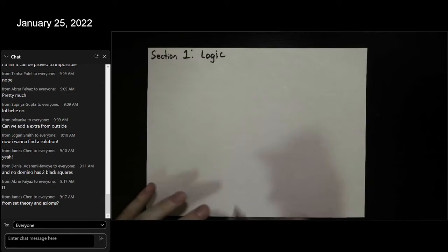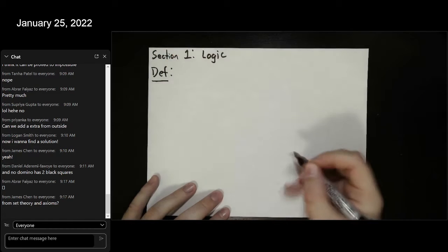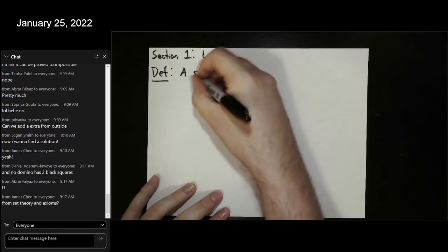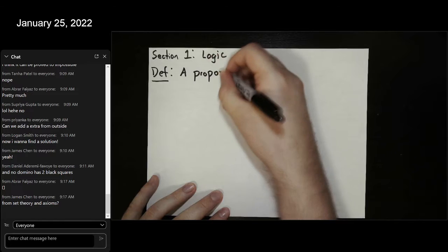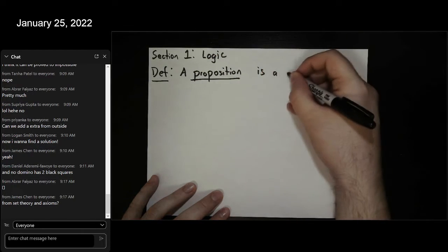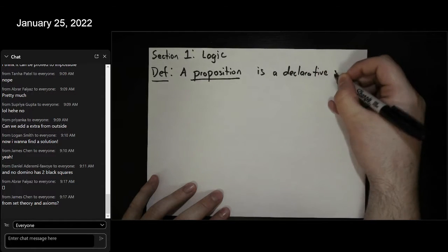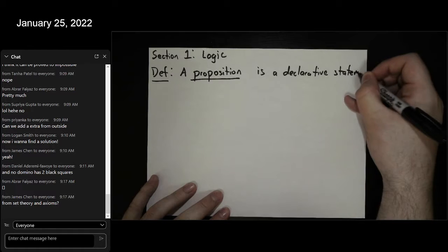So I want to start with the definition. A proposition is a declarative statement that is either true or false.